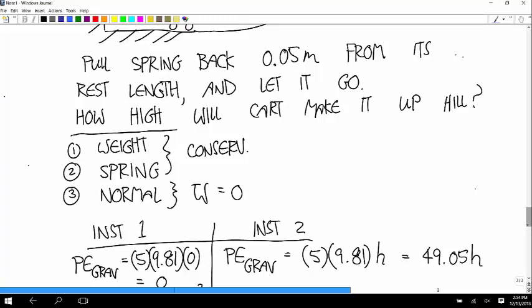Okay, let me go through that, because for this equation to exactly be the same, the equivalent question would be: how high would you have to start the cart up the hill for it to come down and compress the spring 5 centimeters? Then the equation looks exactly like that.